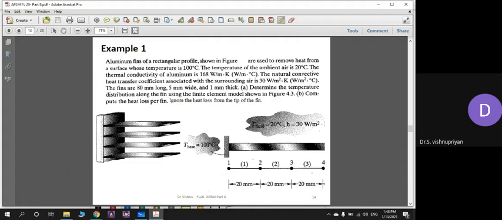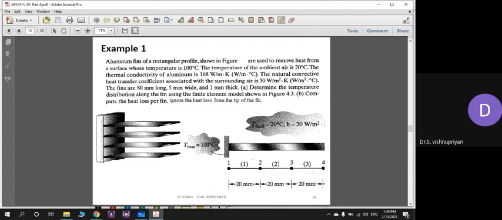The thermal conductivity of aluminum is 168 watt per meter Kelvin, the same as watt per meter Celsius. The natural convective coefficient with the air is 30 watt per meter square Kelvin. The fins are 80 mm long, 5 mm wide, and 1 mm thick. This must not be 80, it is 60 mm, so you have to correct this as 60 mm.